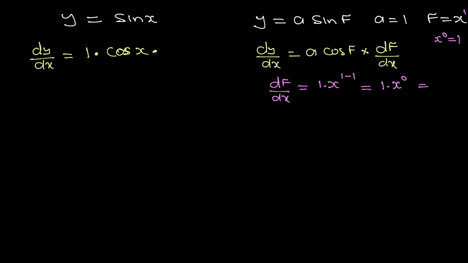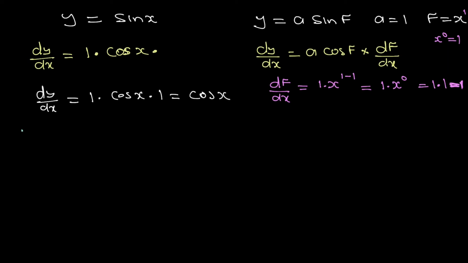So that will be 1 times 1, and that equals 1. So now we have dy/dx equals 1 times cos x times 1, which is equal to cos of x.